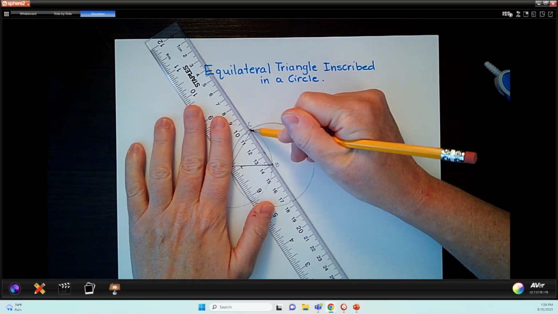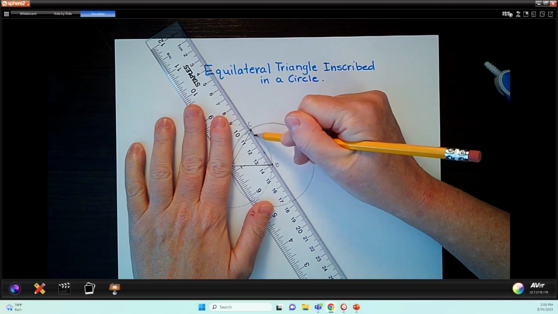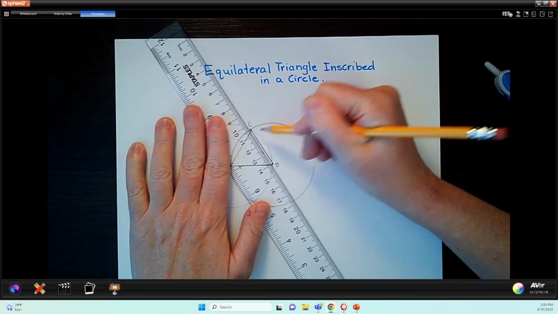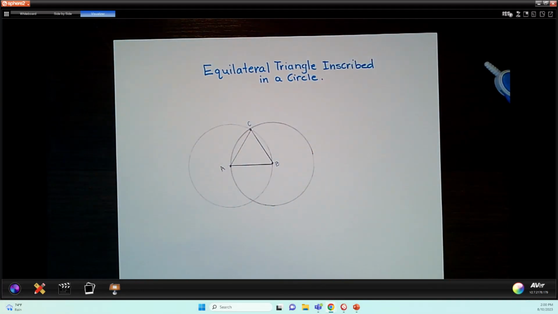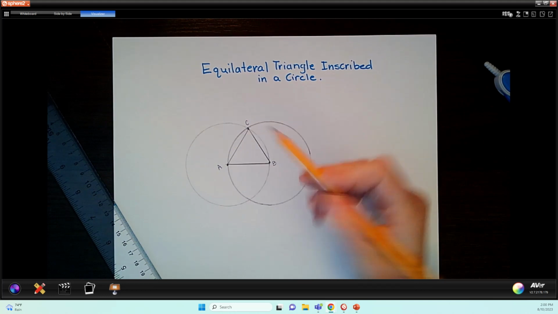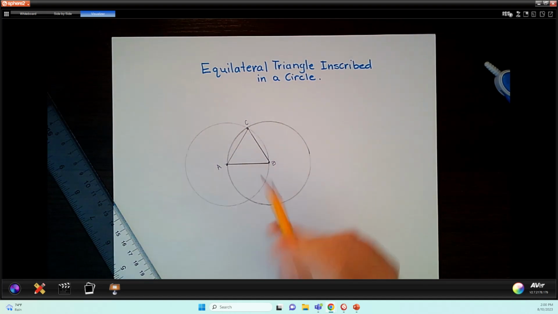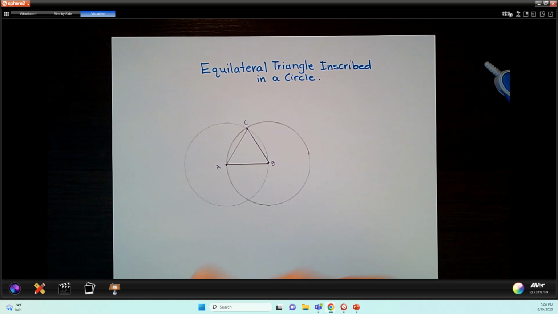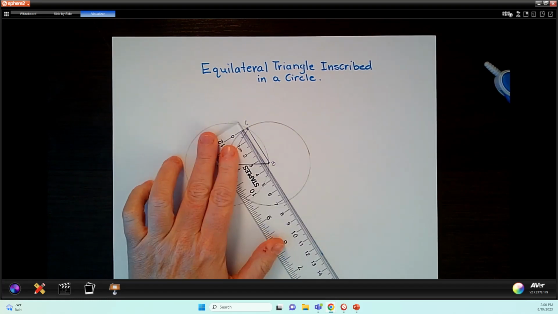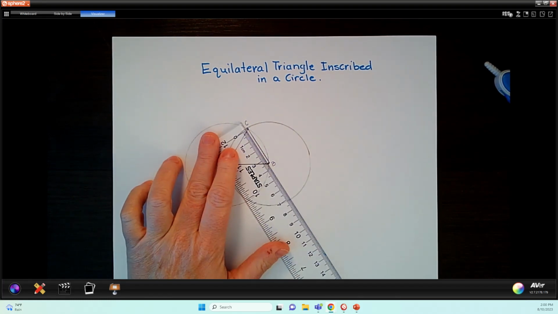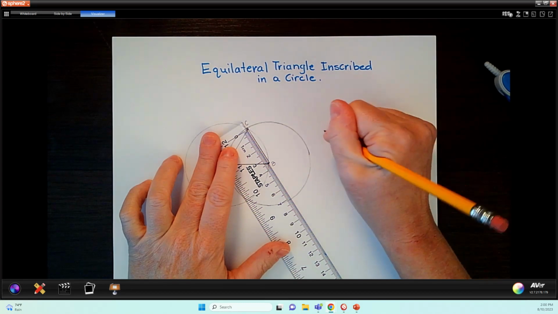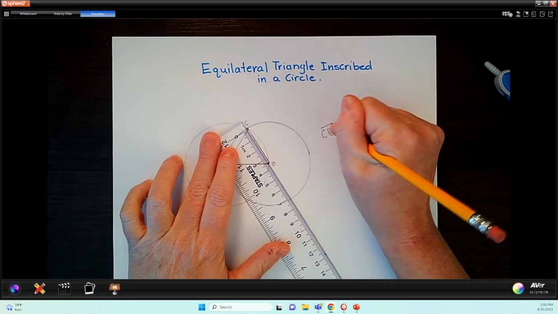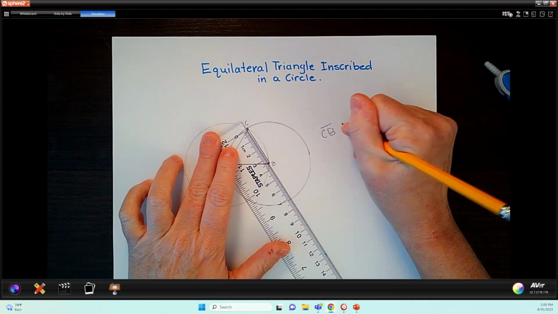Now, what do we know about equilateral triangles? We know that equilateral triangles have to have equal side lengths. So A to C, C to B, and A to B all have to be the same length. So I'm going to do a quick check on that. I'm going to use my centimeter side, and I'm just going to see if they're the same. So look, line segment CB is 3.5.